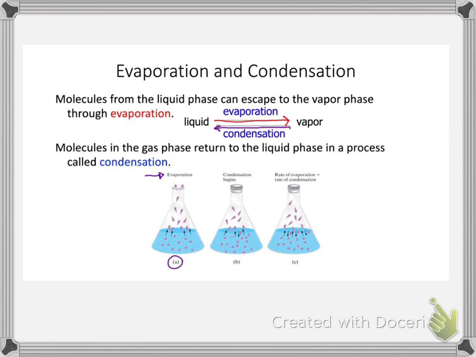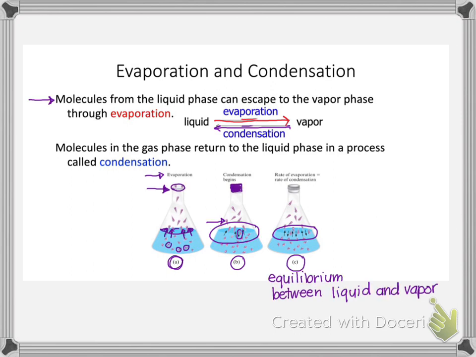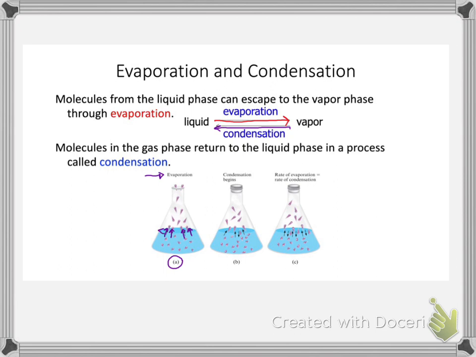A few things I want to point out. They're using little arrows to express the evaporation. See, they have 4 little arrows. And when a substance evaporates, it's actually layer by layer. So only the top layer can evaporate. Notice all of these little particles, little molecules, like maybe it's water.